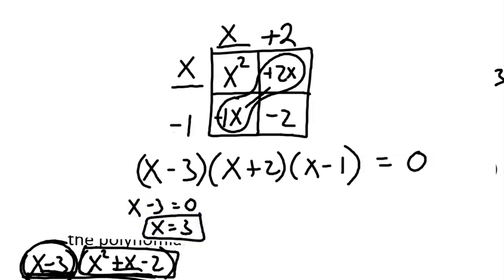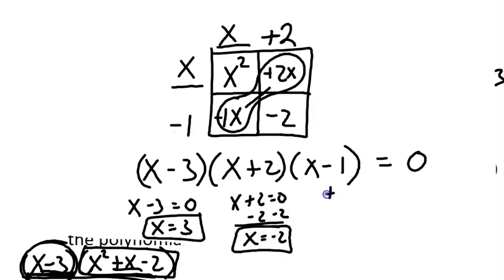That was the one that I gave you. x plus 2 equals 0. We get x equals negative 2. And then with our last one here, we have x minus 1 equals 0. And we end up with x equals 1. So there's your other roots.